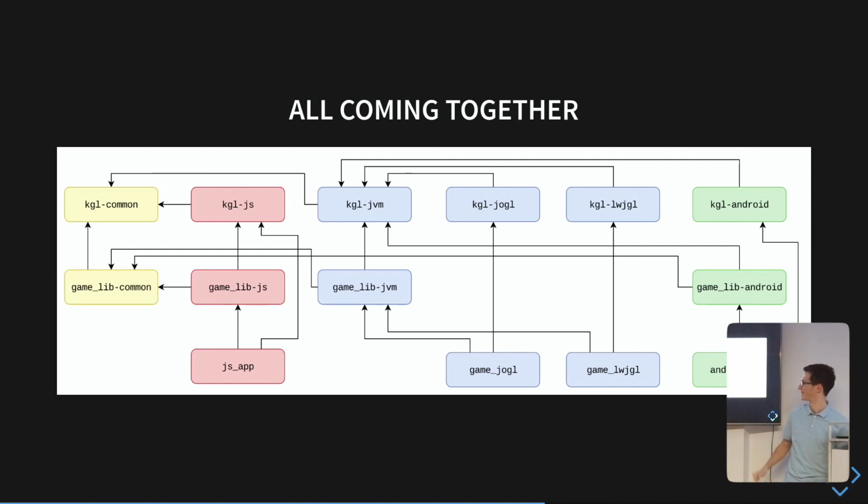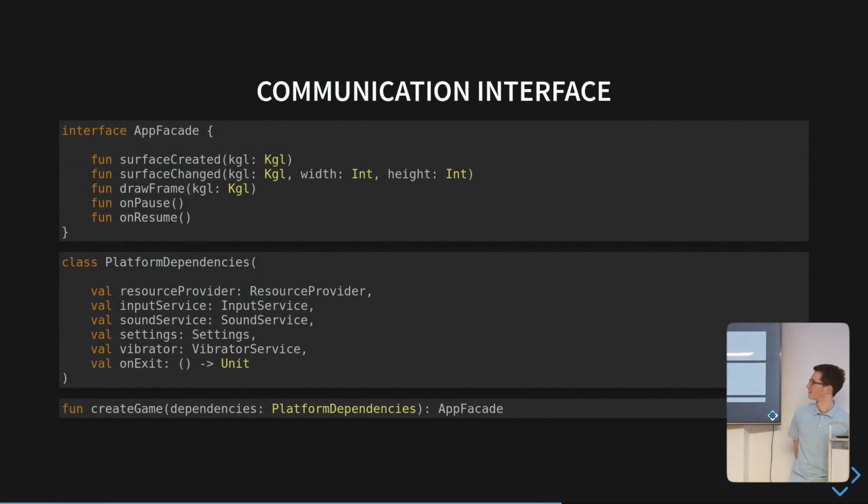So if you look at each application project, all of them are depending on a single KGL module and a single game library module. So the way it works is the application knows how to create this KGL instance, and then it will pass it to the library. And basically, this is how the game library and the applications communicate with each other.